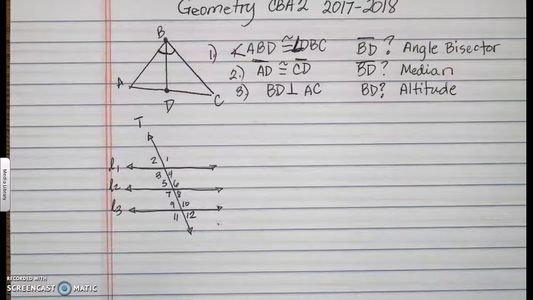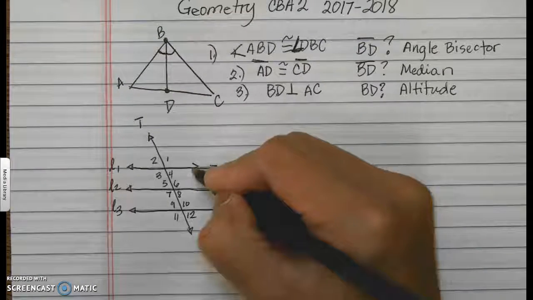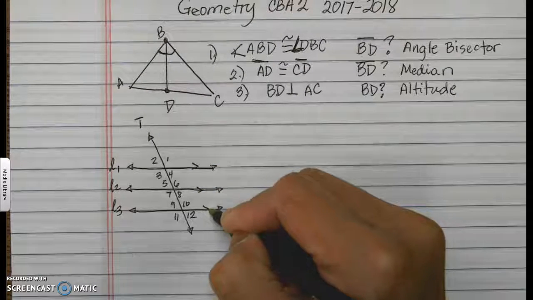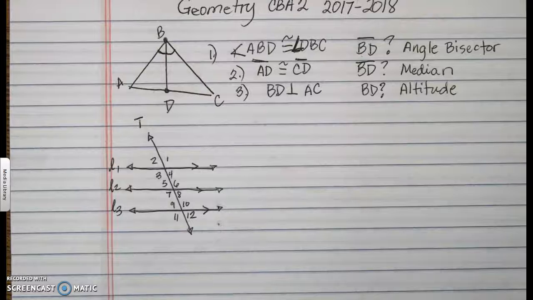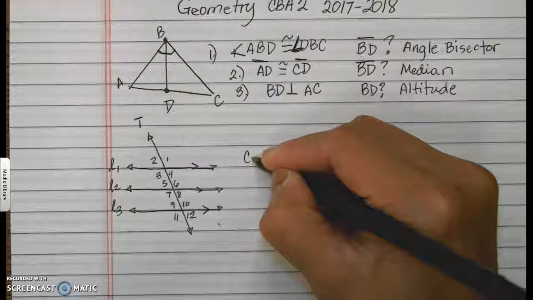Okay, so the next figure shows you parallel lines. So line 1, line 2, and line 3 are all parallel, and whenever they are parallel, we have several types of angles that are congruent. So let's go with the corresponding angles first.